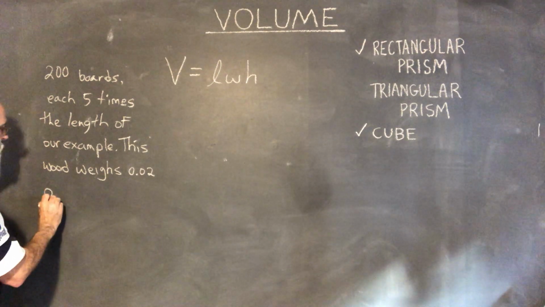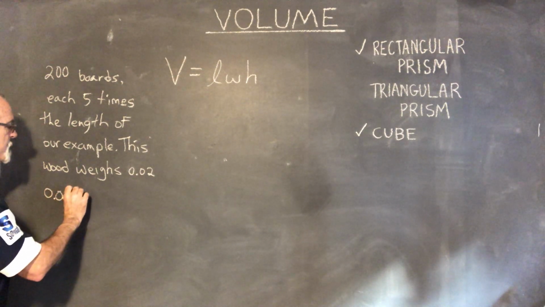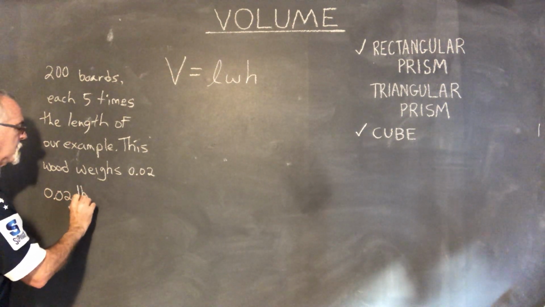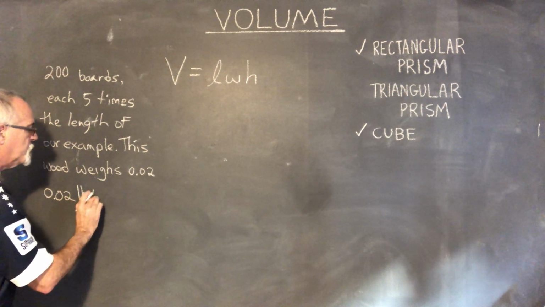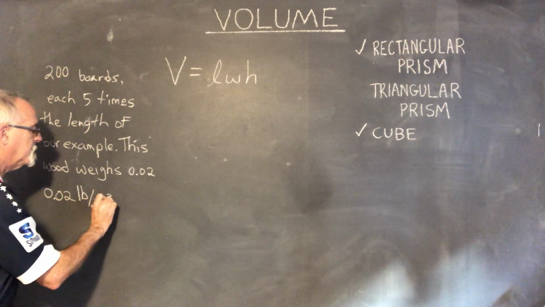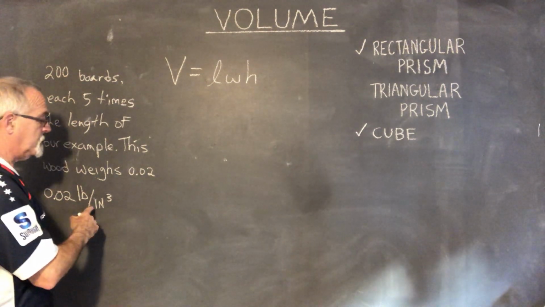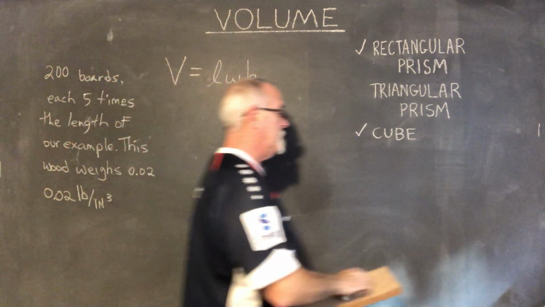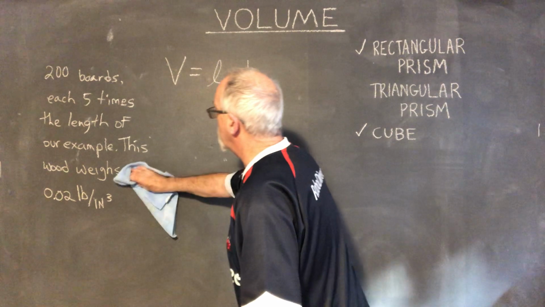I'll write it here. 0.02 pounds per cubic inch. Aha! Well, that's interesting information that we need. I'll erase this extra 0.02.